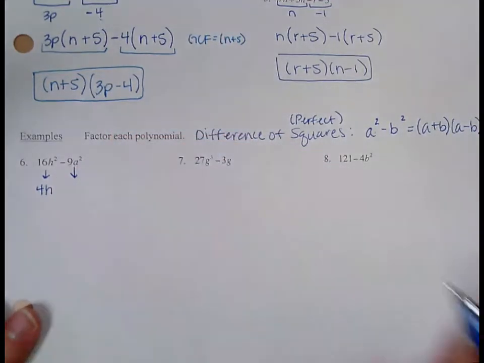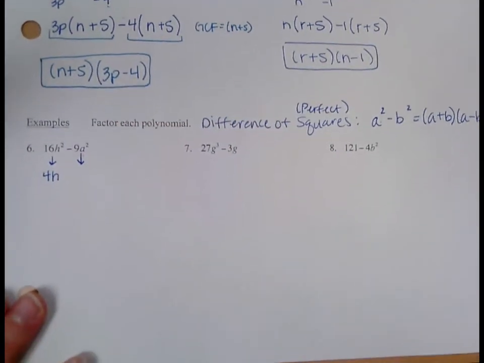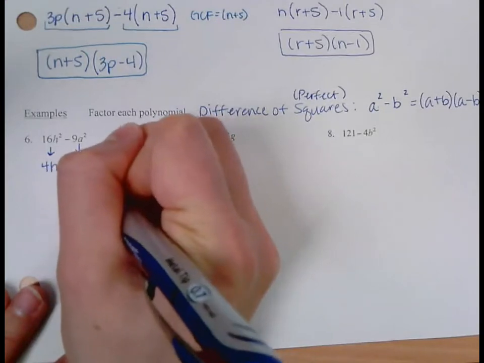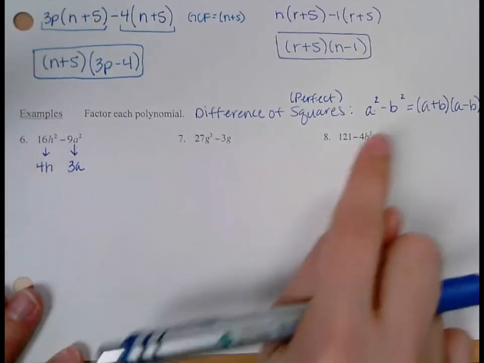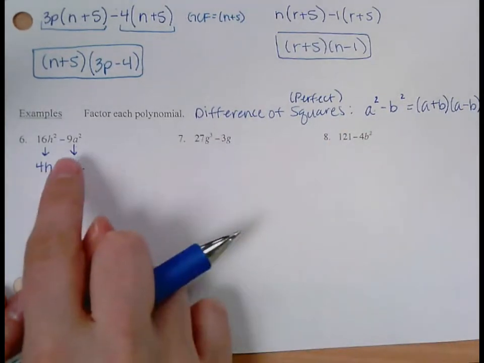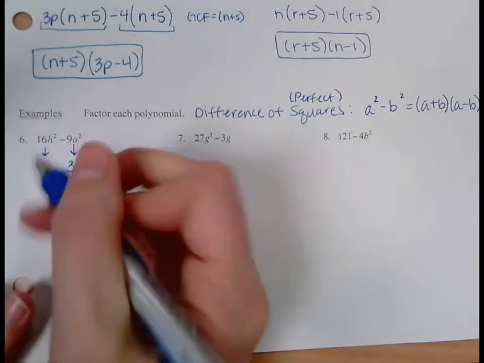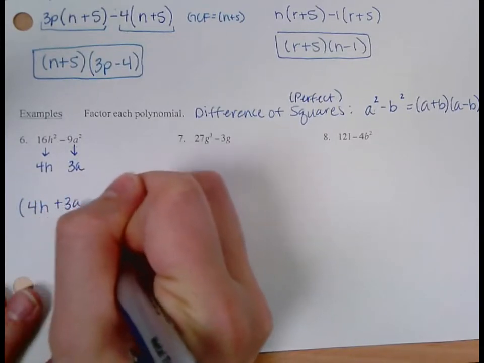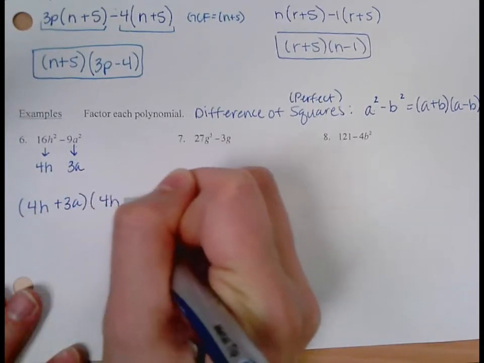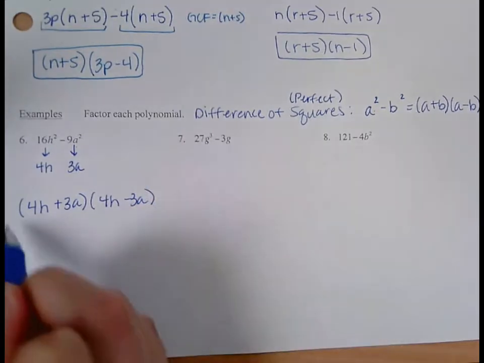And then the square root of 9a squared would be 3a. So this 4h is like your a in this formula. The 3a is like your b. So the factored form is 4h plus 3a times 4h minus 3a.